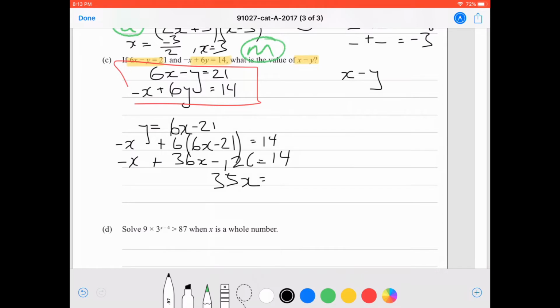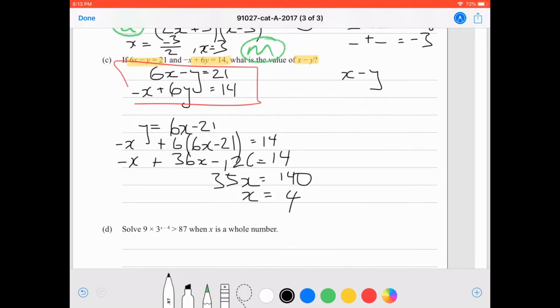So it becomes 14 plus 126, and that would be 140. And so solving for x, no calculators obviously in the MCAT. This particular equation isn't too hard though. 140 over 35, well 35, 70, 105, 140. So x equals 4.